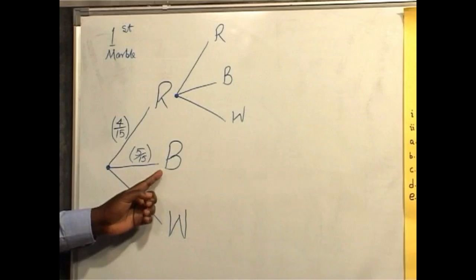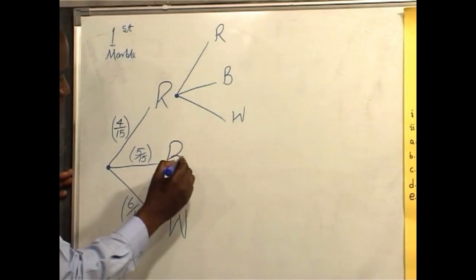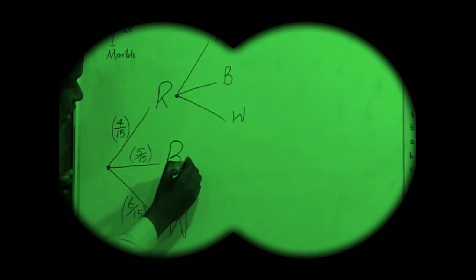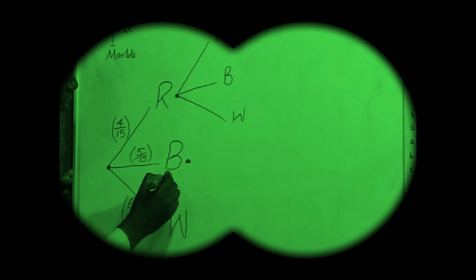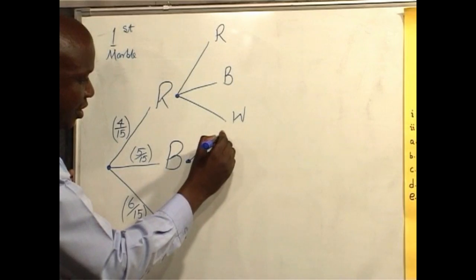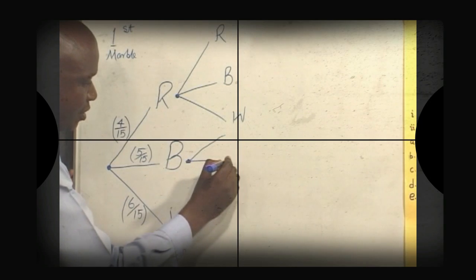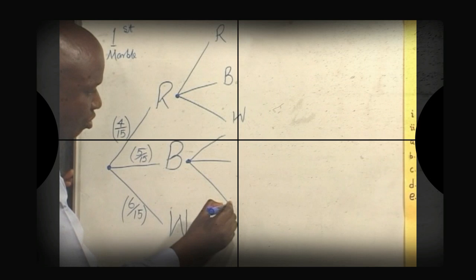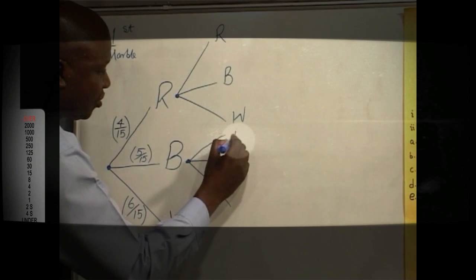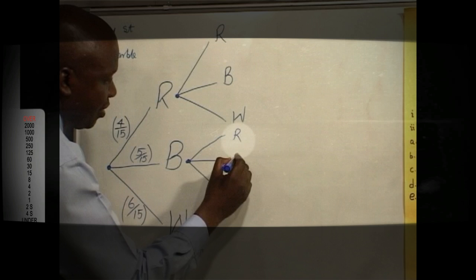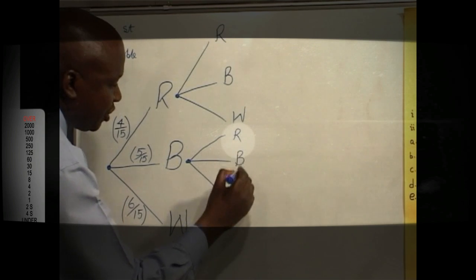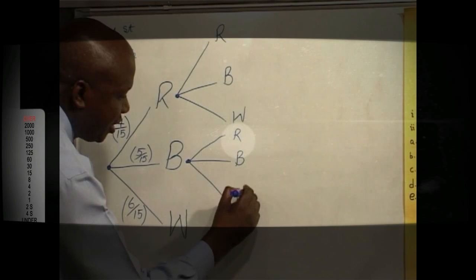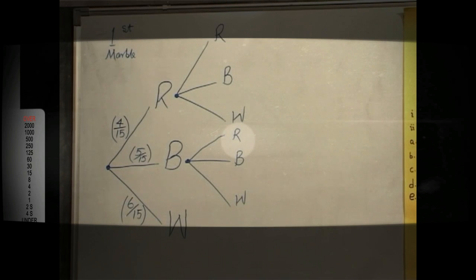But there is also a possibility that the first one is not actually red, but black. If the first one is black, there will be need for us to go back to this box and pick a second one, which will either be red, black, or white. So, like in the previous case, these outcomes are going to be indicated at the end of the branches.